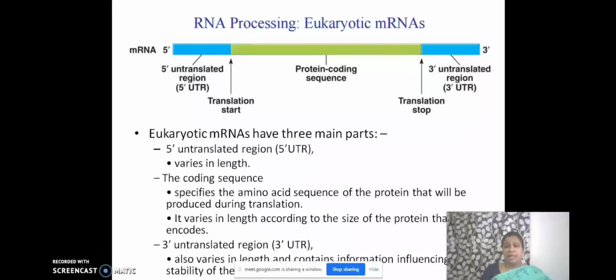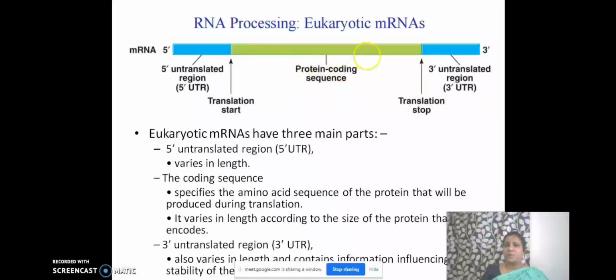You should understand that within the mRNA, it is not that the entire mRNA is going to produce proteins. It's not that the entire mRNA is going to be translated into amino acids. Okay. Specific regions alone are going to code for protein.